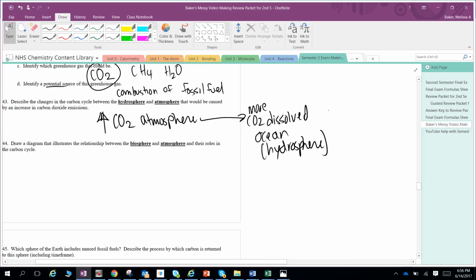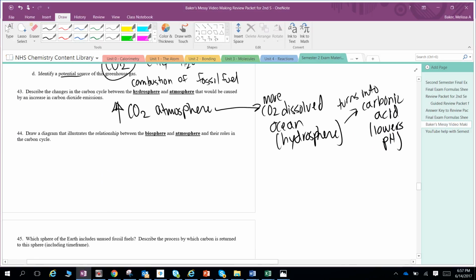And as we learned about in class, this actually turns into carbonic acid in the ocean, which lowers the pH, which has caused all sorts of different changes.